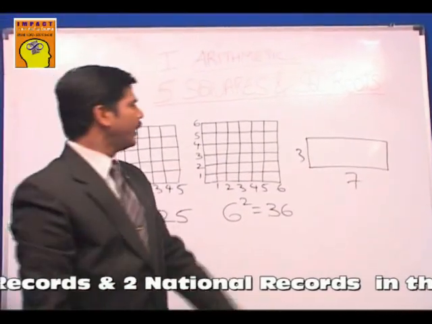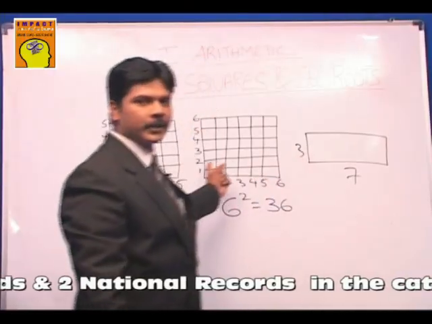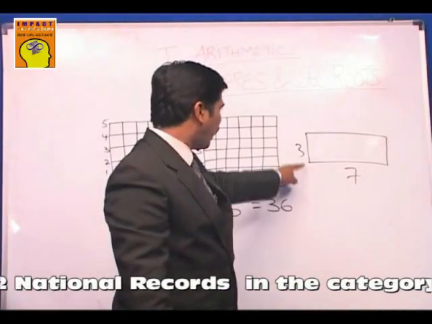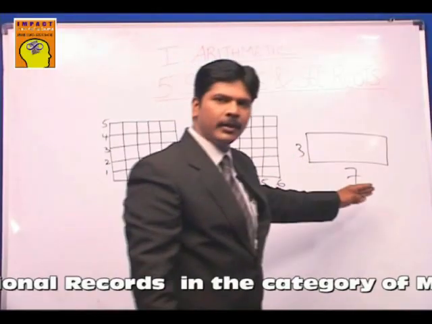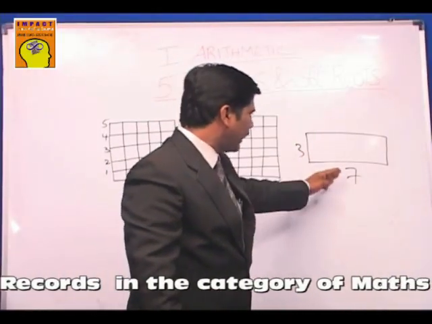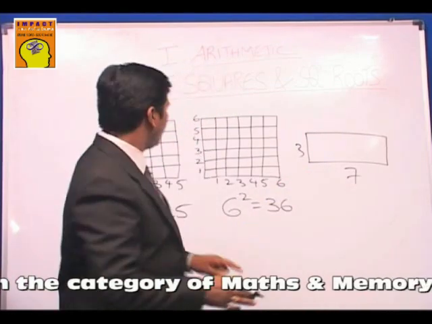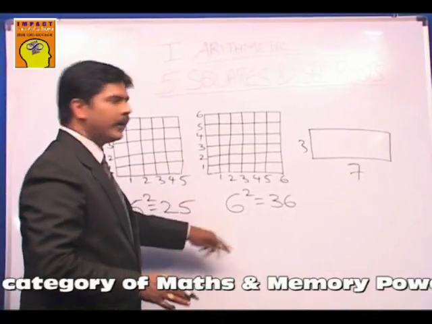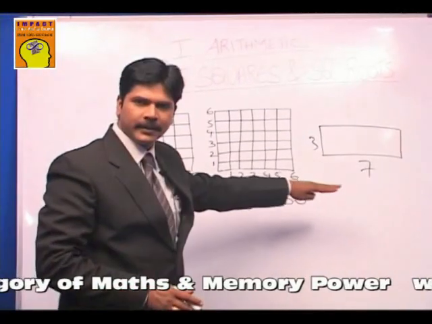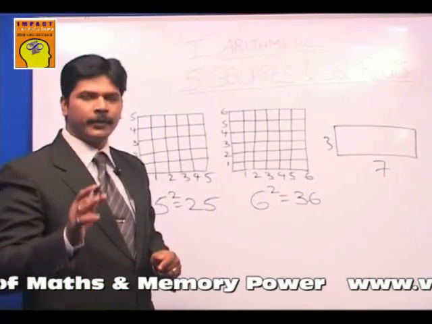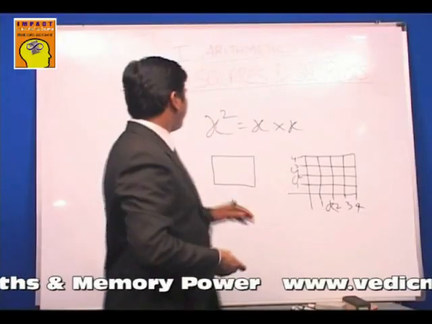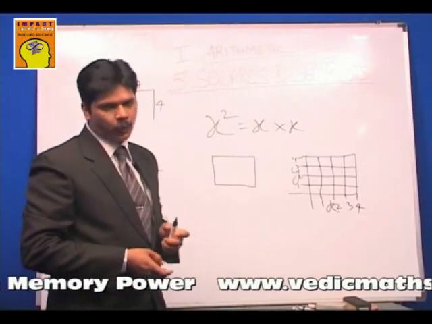No. Only when a number is multiplied by itself does it form a perfect square. If you take 3 in y and 7 in x, or the other way around, or some other number, it will never form a perfect square. If 6 in y and 6 in x, only then does it form a perfect square. So that's why we call x to the power of 2 a square.